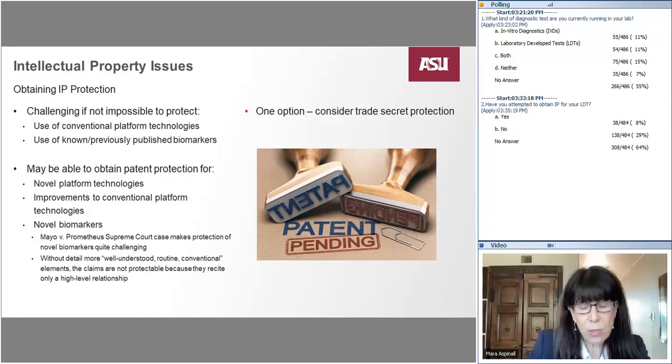Many of you are also familiar with a more recent case, which is Myriad versus AMP. And in the Myriad case, it was all about the fact that you can't patent naturally occurring events, particularly DNA, and they were looking to patent the mutations that they understood the significance to in the BRCA gene.